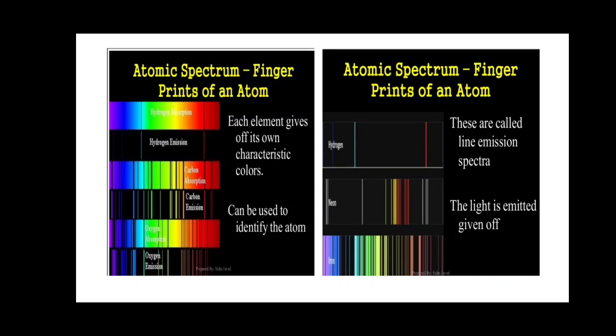It means each element, hydrogen, carbon, oxygen, gives off its own characteristic color. These are called line emission spectra, and the light emitted is called the emission spectrum.